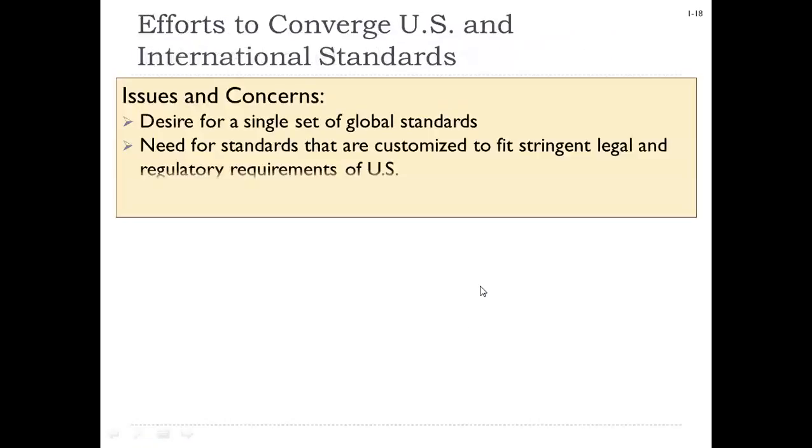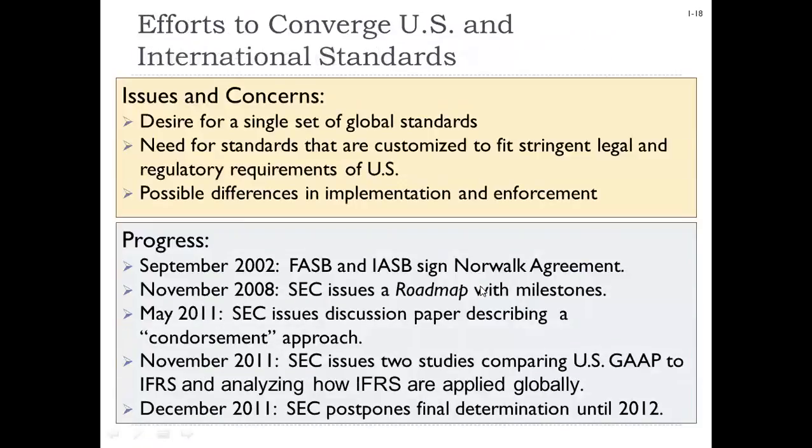There has been an effort to try to consolidate, because with all of the international global business that's going on, it makes sense to have one uniform set of rules for the entire world. I mean, that just makes sense. But there's still two sets of rules, the US standards and the international standards.